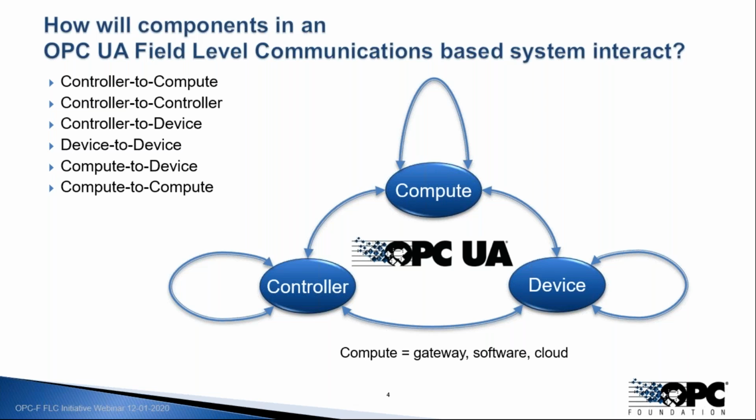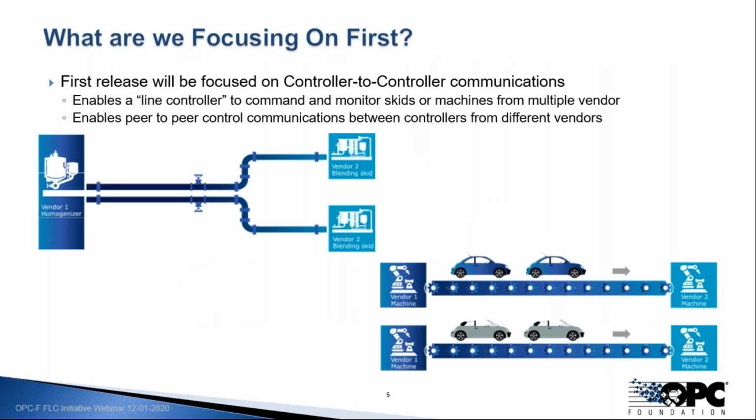Now, what I've just described, of course, is a very large set of problems to address. So we're not trying to do everything all at once. What we have decided to do first is to focus on controller to controller communications.